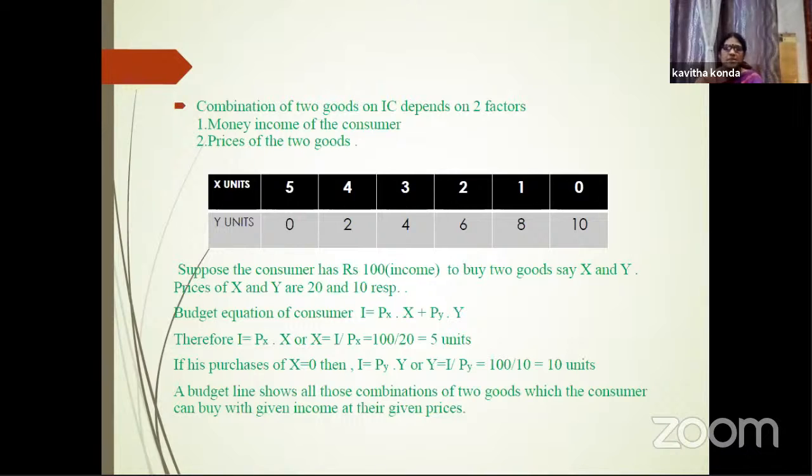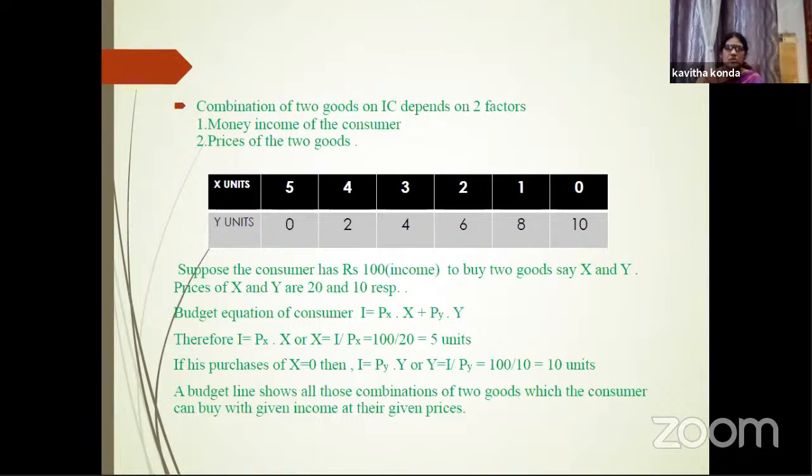The budget must be equal to the income, which equals PX into X, price of X into the X commodity, plus PY into Y, price of Y into the Y commodity. Here the income is 100.